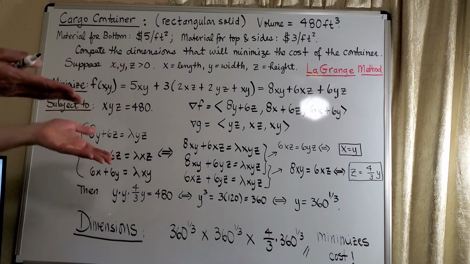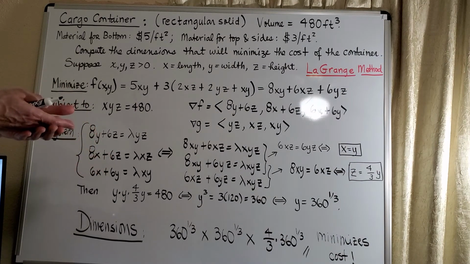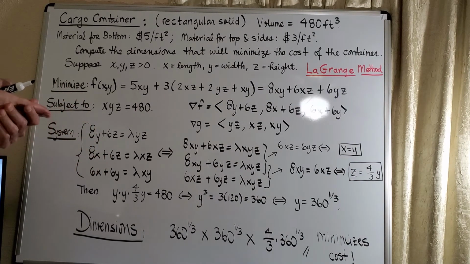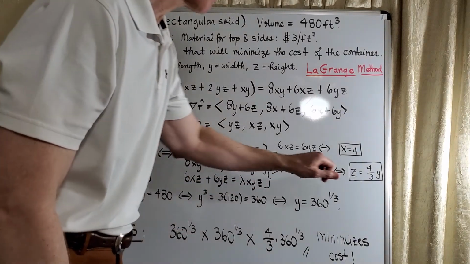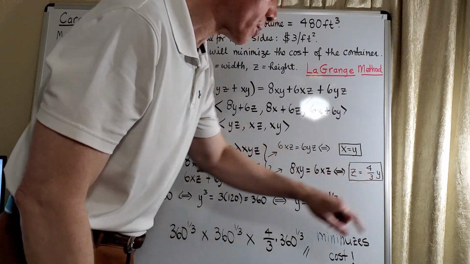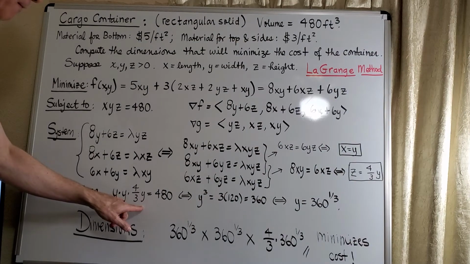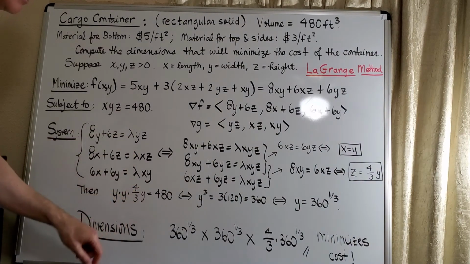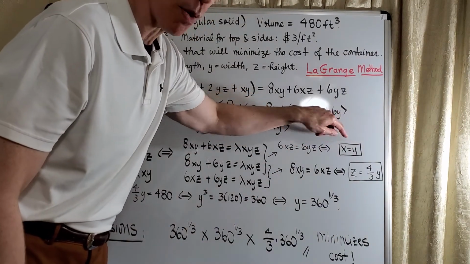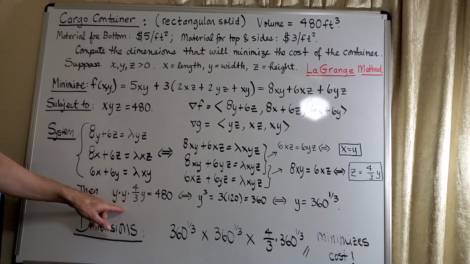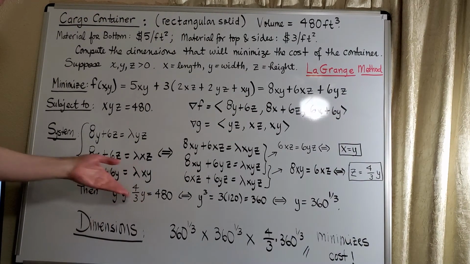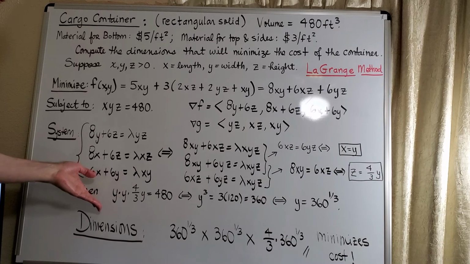What makes this really simple now is that we can move forward. Notice that z is equal to 4/3 y, so we can put that into the constraint equation. And we know that x is equal to y, so we can put in y for x and y for y. Now we just have an equation in terms of y.